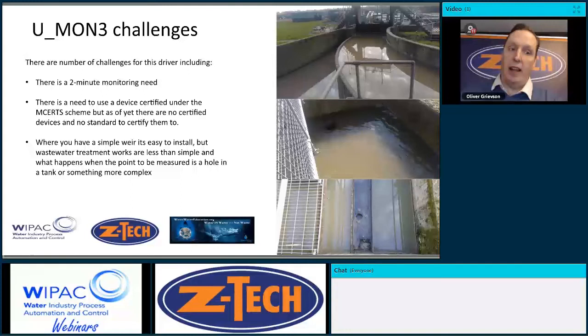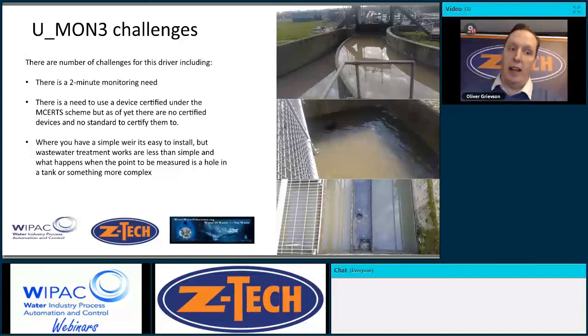For those of you who aren't aware, the program of works coming up can be split into monitoring drivers, improvement drivers, and an investigation driver. And the key thing is that a works can fail based on flow come 2026.